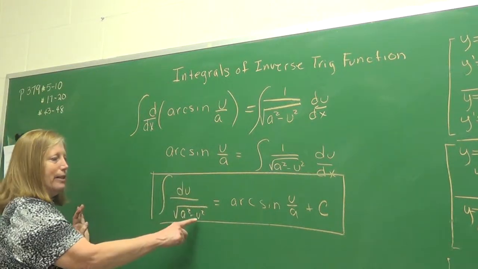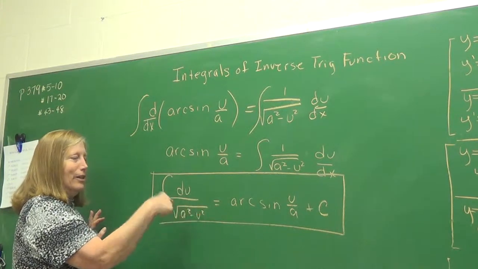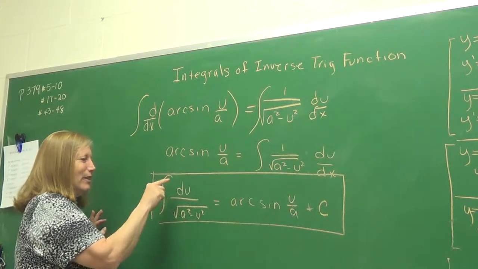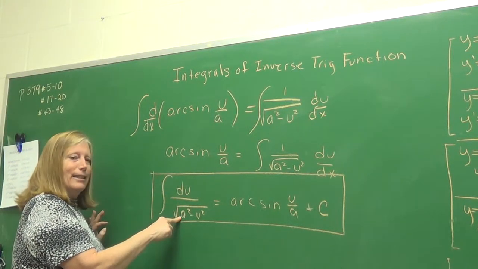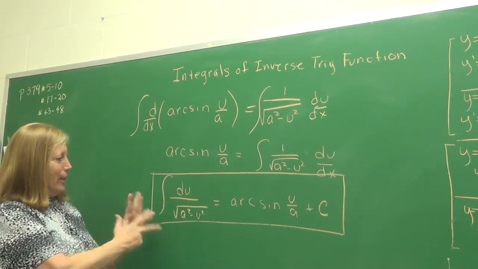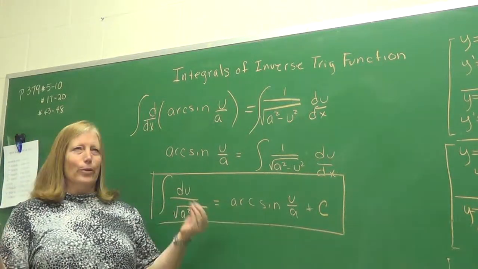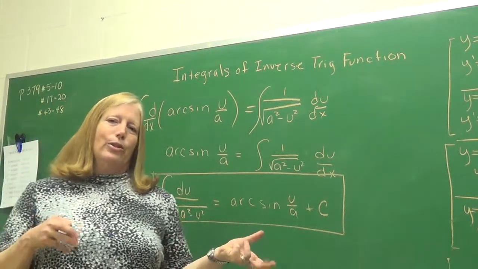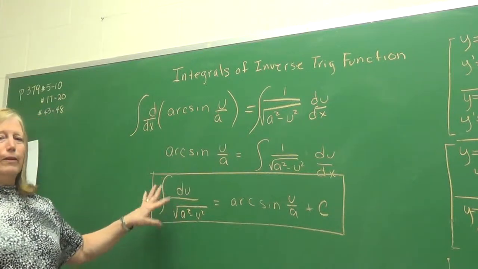Remember, whatever is the u down here, notice it's squared, so whatever's sitting here in your mind, to find u, you'll take the square root of it, and then the derivative of that u will have to sit there, and this will have to be a constant, and there'll have to be a square root and nothing else. So it's got to look just like that to be this answer. So you've been in integral land enough to know how it works. So these will take a little getting used to, but they really aren't any different than what you've done previously.